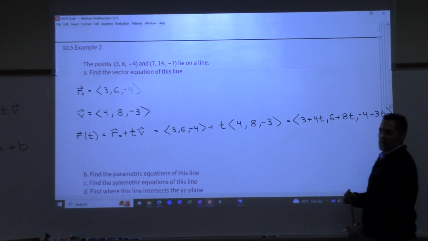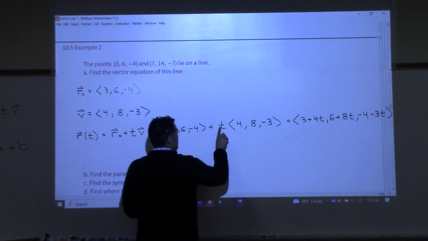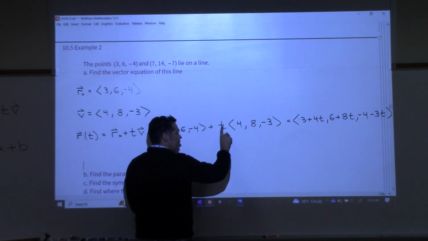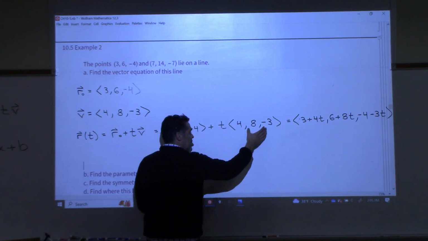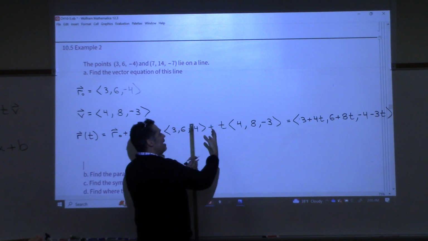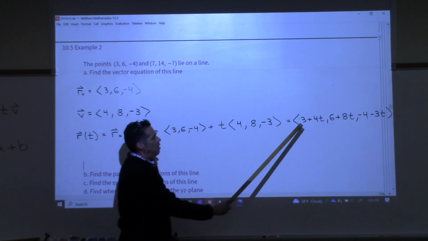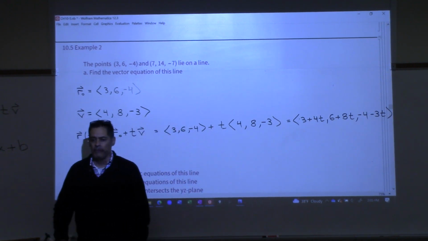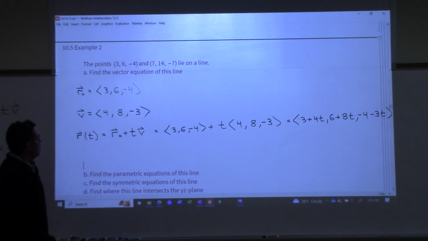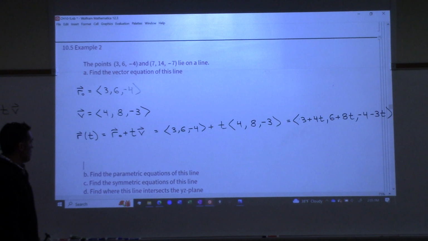So what I did there, all in kind of one step, is I distributed the t through to all 3 of those components, and then I added them together. Put it all together like that. That answers part A. Questions?